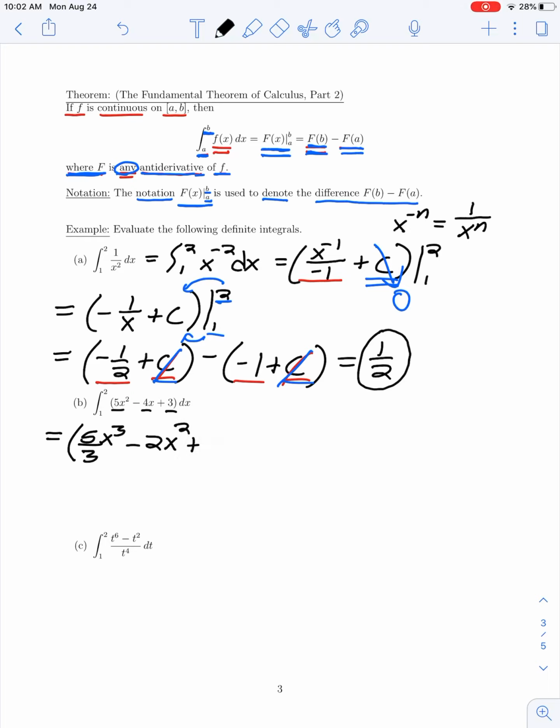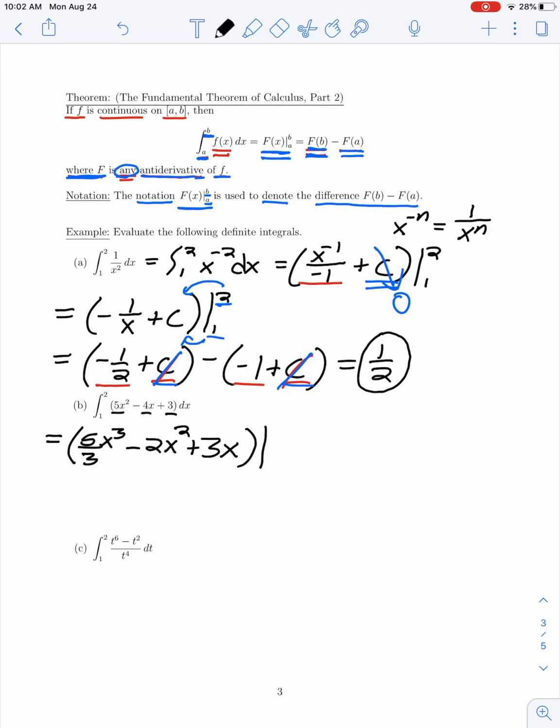And then plus the constant 3, well, the antiderivative of any constant is that constant times the variable that we're integrating with respect to, in this case, x. And we don't need to write the plus c because this is a definite integral. As we've justified, we can take any antiderivative, so let's use the one where c is 0, and then we will evaluate this antiderivative from 1 to 2.